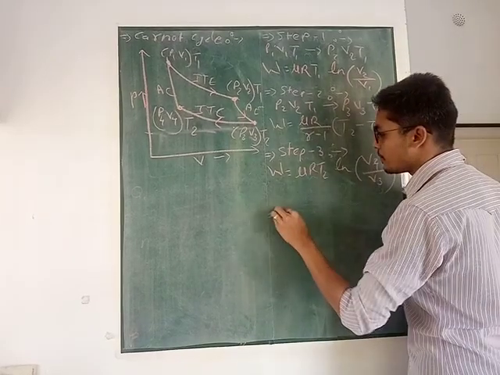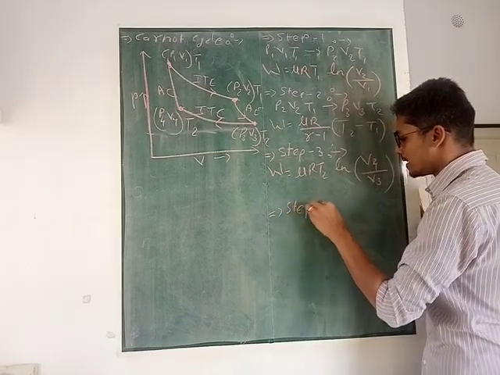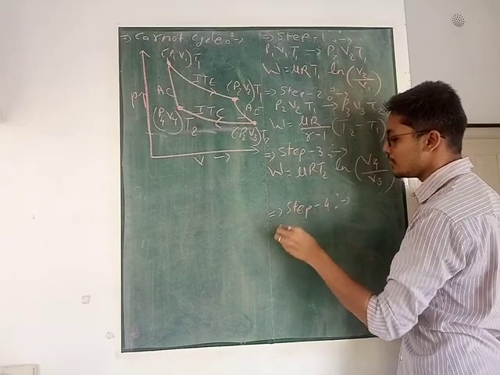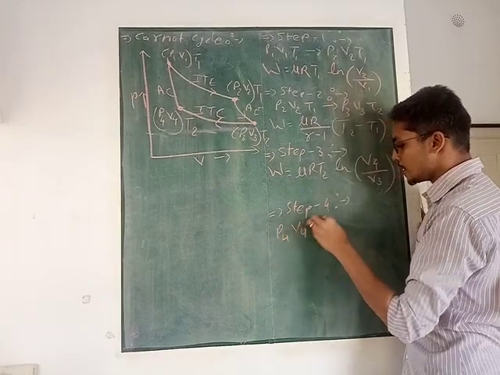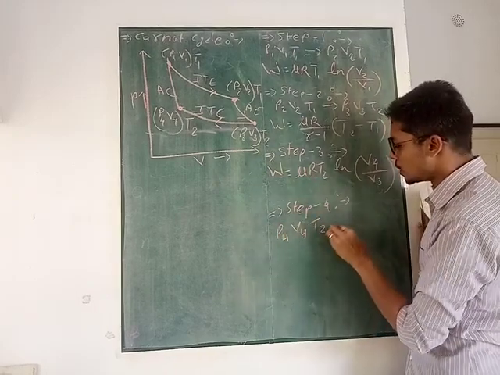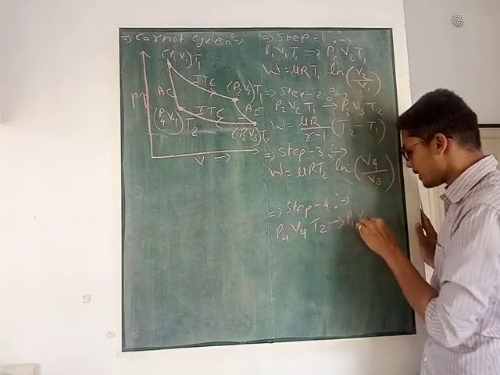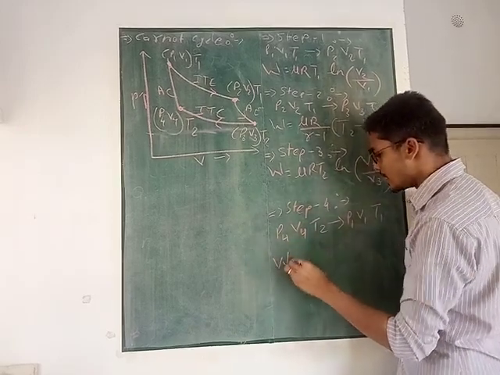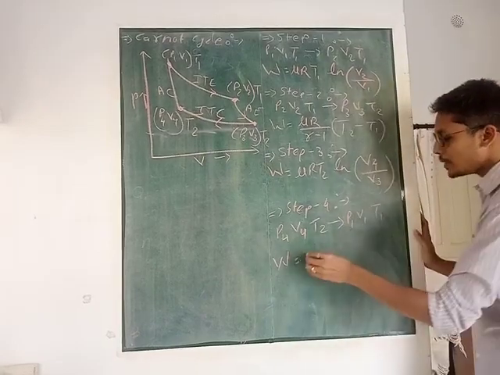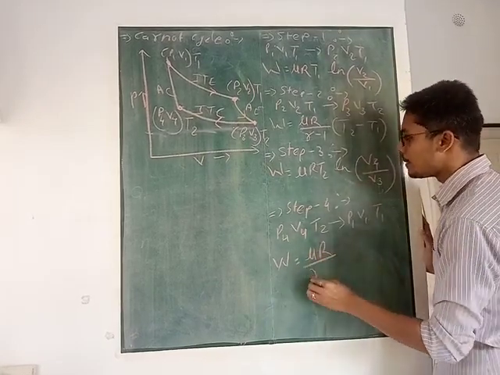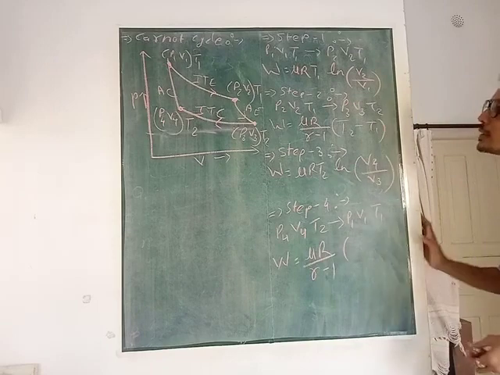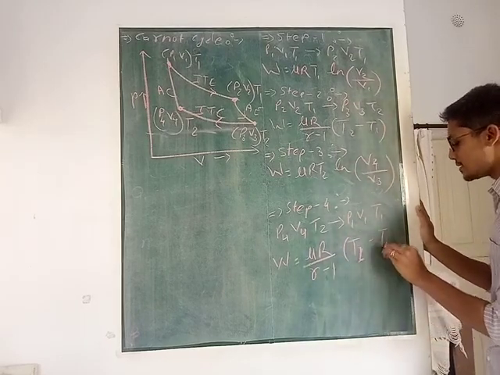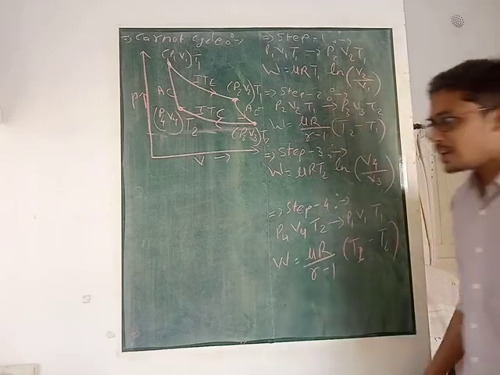And last, step 4, which is adiabatic compression from P4 V4 T2 to P1 V1 T1. So it will be denoted by W equals mu R upon gamma minus 1. Here it will be T1 minus T2, because finally we have reached T1. Correct.